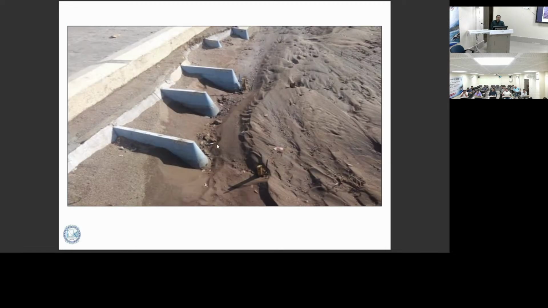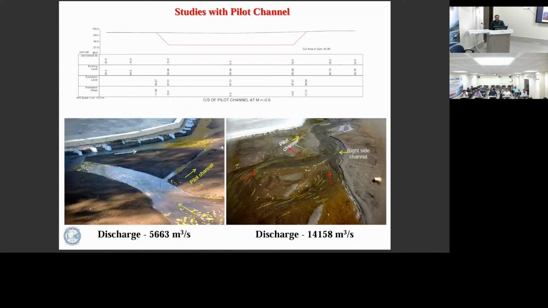So this is the existing condition. After the existing condition, you see the scour holes here when you stop the model. So this is the pilot channel. At the maximum, there is not much difference in the velocity reduction after providing a pilot channel here.